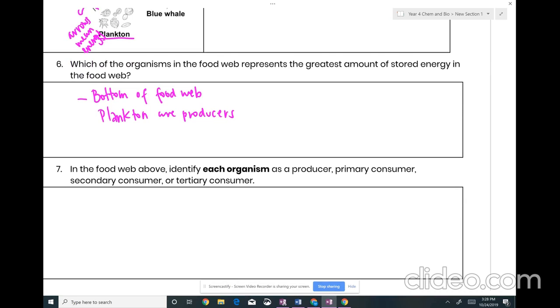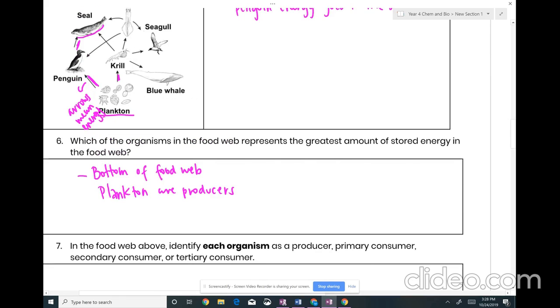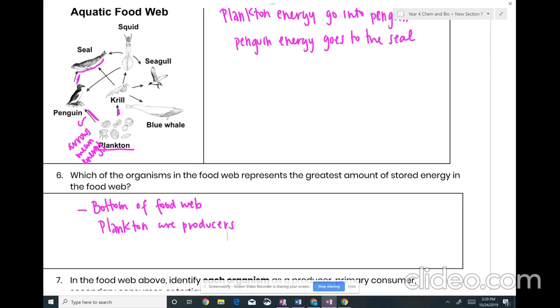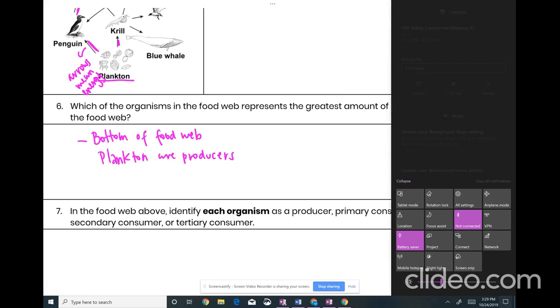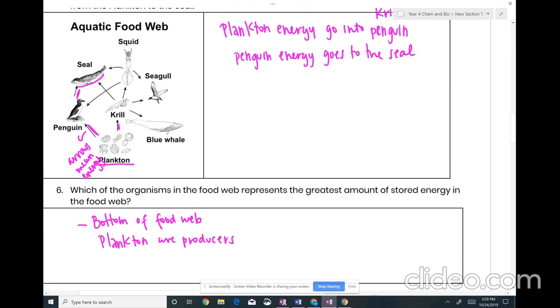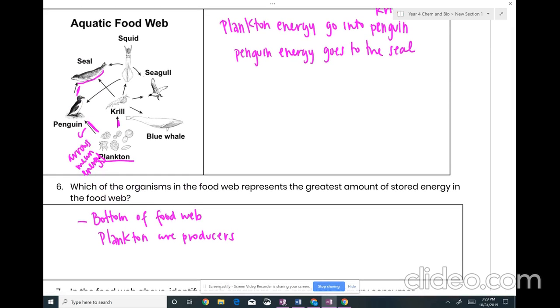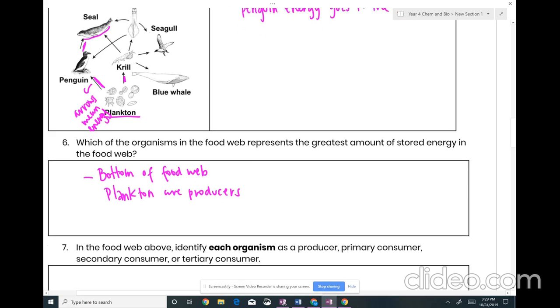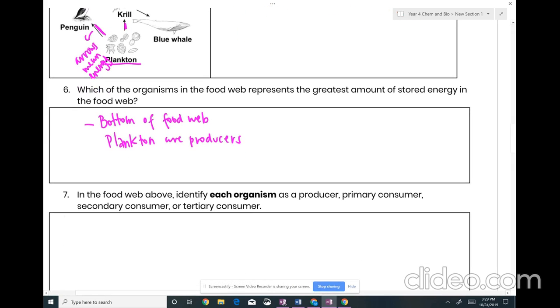All right, so now we're going to use our vocab, and we're going to identify each of our things on here as a producer, primary, secondary, or tertiary. Okay. So we are going to start off with our plankton, which we already know. So our plankton is going to be our producer, right?